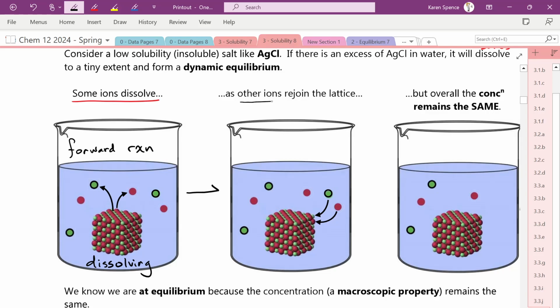Other ions rejoin the crystal lattice. This is known as, and I'm going to start way over because it's a long word, recrystallization. We are recrystallizing. And that is the reverse reaction.